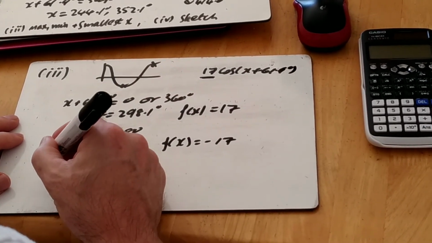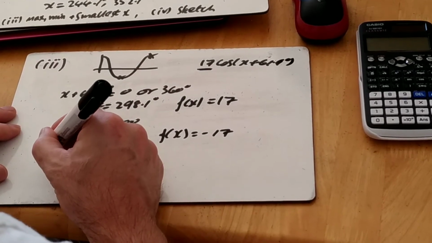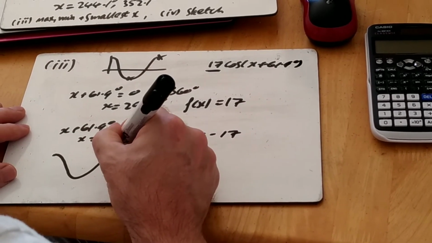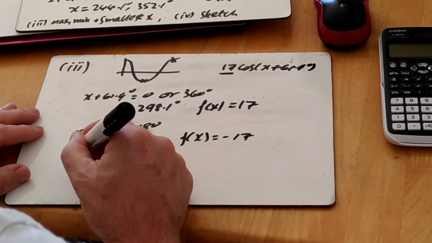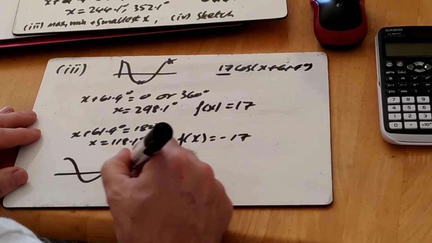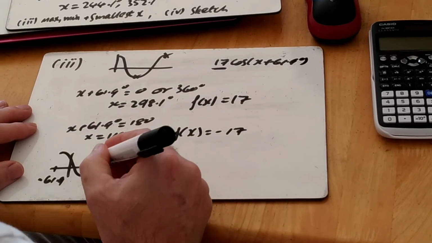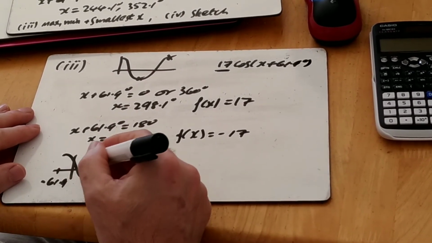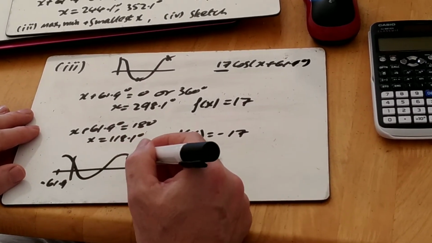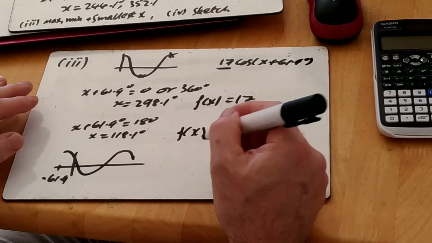So I can begin to think about that sketch there. I can begin to think about the same sketch here, doing a bit more. That will be at minus 61.9 there. Everything's been shoved back 61.9 degrees, and then times it by 17.